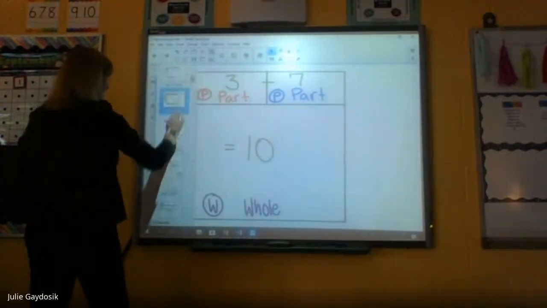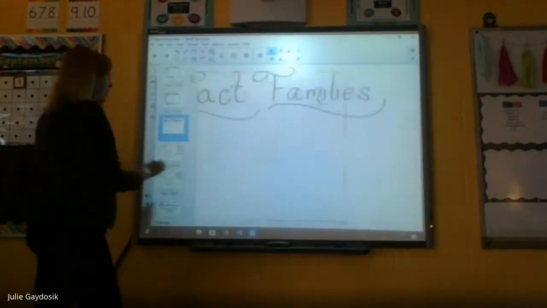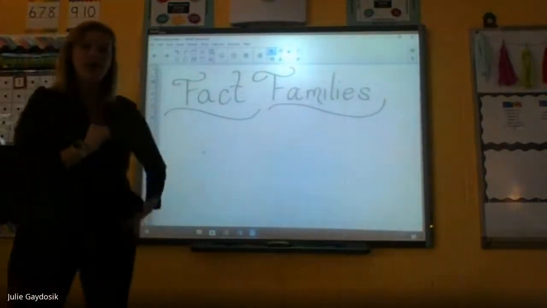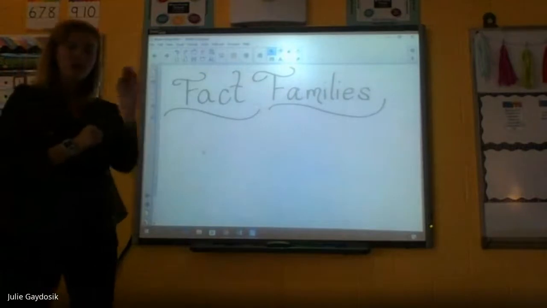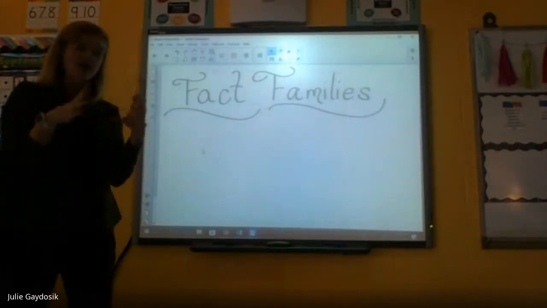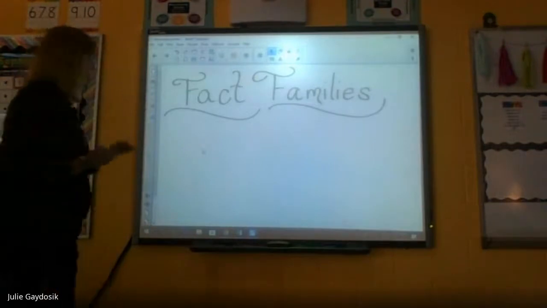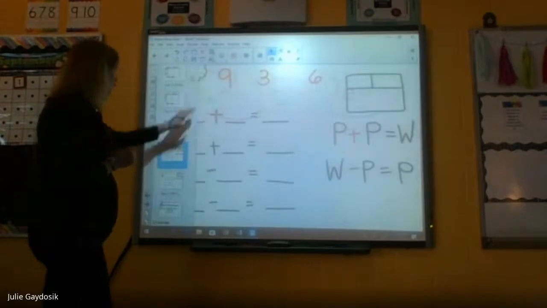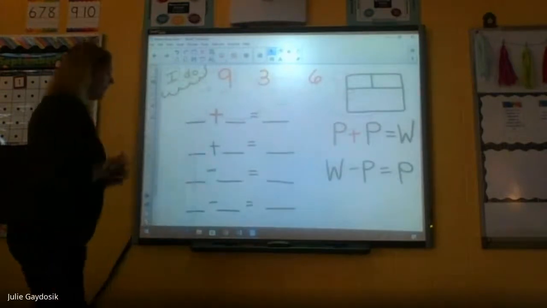Alrighty. Now we are moving on to our fact families. So remember, fact families are when you take your 3 numbers with your part, part, whole, and you break them down into your addition equations and your subtraction equations. So let's go ahead and we're going to do this one together.